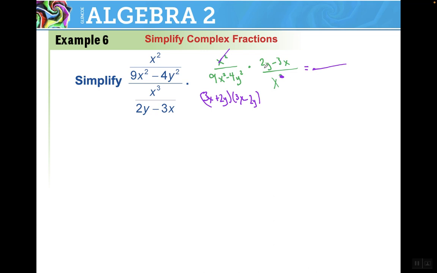And then 2y minus 3x and 3x minus 2y will cancel, with this being a negative 1. So I'm going to have a negative 1 on top, or the negative can be on bottom, or out in front, it doesn't matter. And then I'm going to have an x, and a 3x plus 2y as my answer.